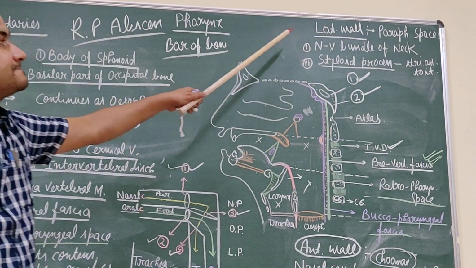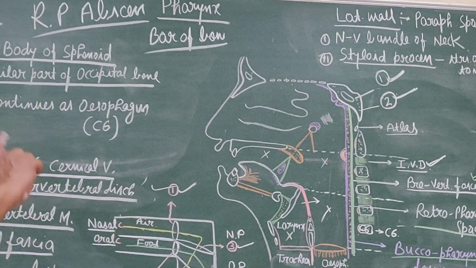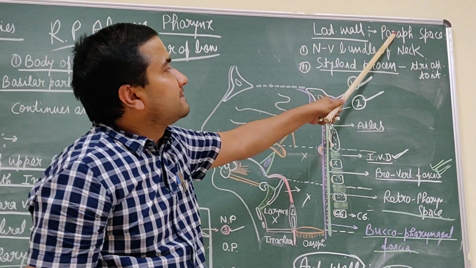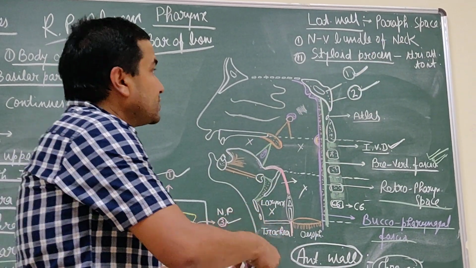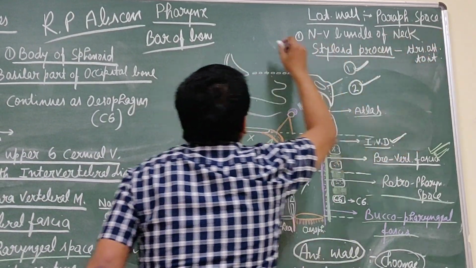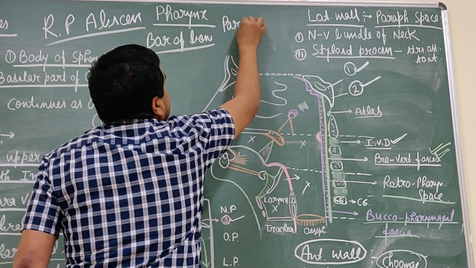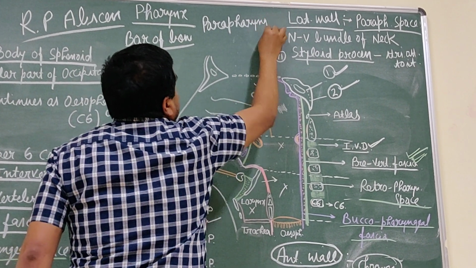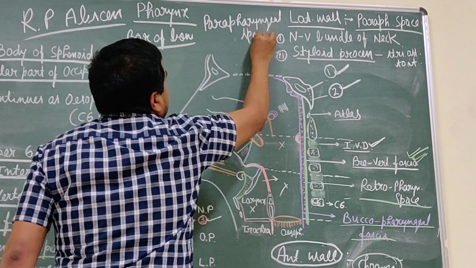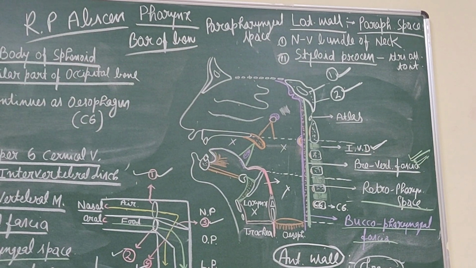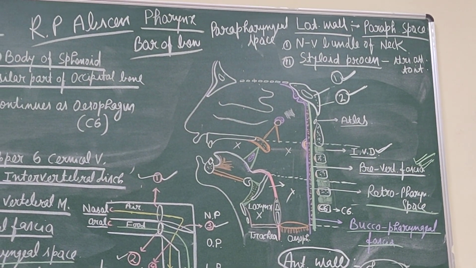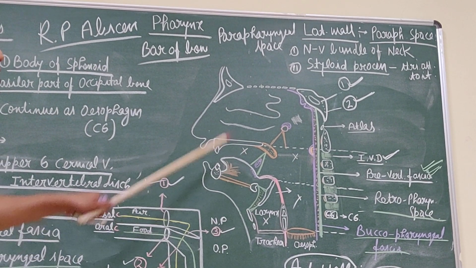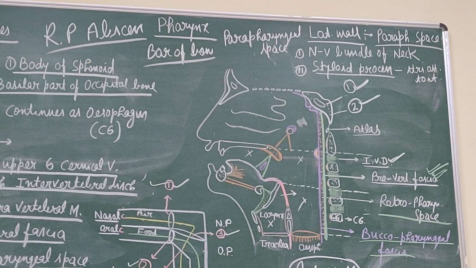Now the lateral wall. Lateral wall means the side of the neck. This lateral wall also has a space, known as the parapharyngeal space. So the pharynx has two spaces: one behind, the retropharyngeal space, and one on the side, the parapharyngeal space.